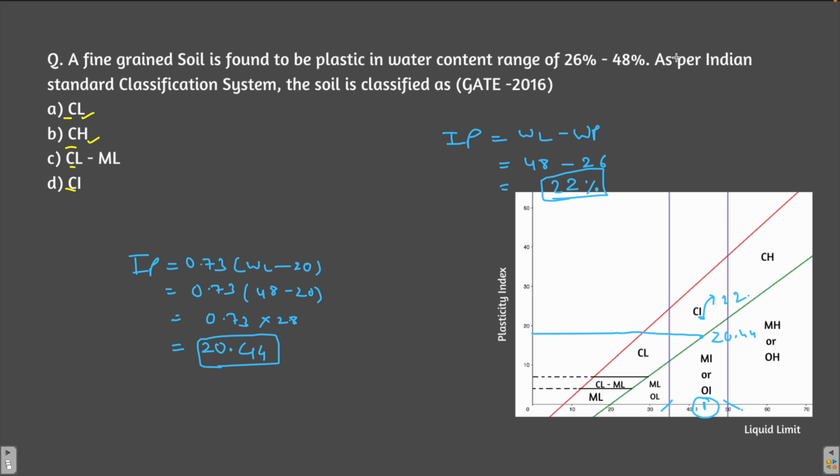We know the liquid limit of the soil is 48, which is between 35 to 50%. So directly we'll go with clay with intermediate plasticity. No need to go for these calculations. So I'm also teaching you the trick how to solve it in the examination. Once you see the liquid limit and all the options are given as clay, then definitely it is going to be the last one. You don't need to do all these things, but as per the procedure I have explained the process.